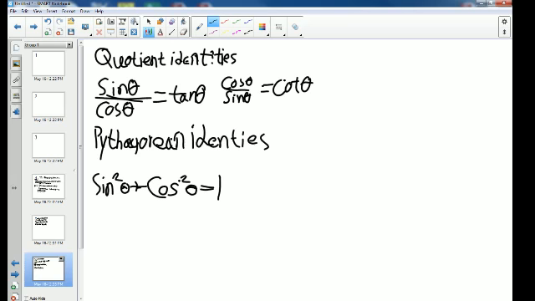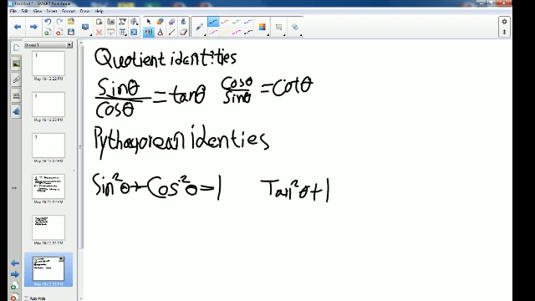And with these other identities, let me space that out more so you guys don't get the wrong idea. You'd have tan squared theta plus 1.